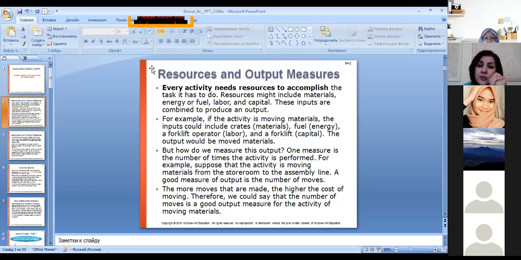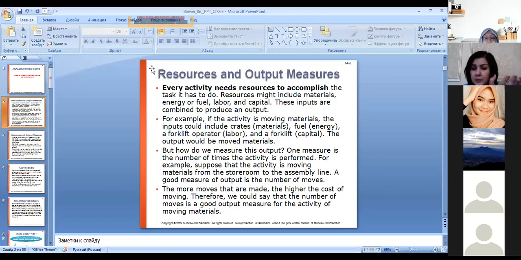And inputs are all resources which are used to make a product. For example, if the activity is moving materials, the inputs could include crates or materials, fuel, forklift operator, which is labor force, and the forklift, capital. The output would be moved materials. So what is the output? Moved materials, right?